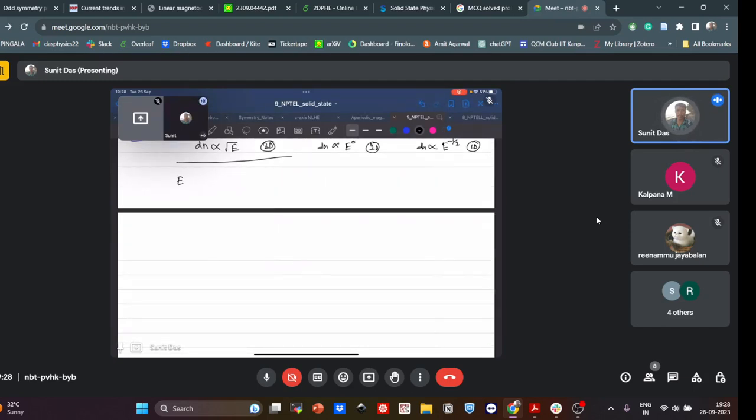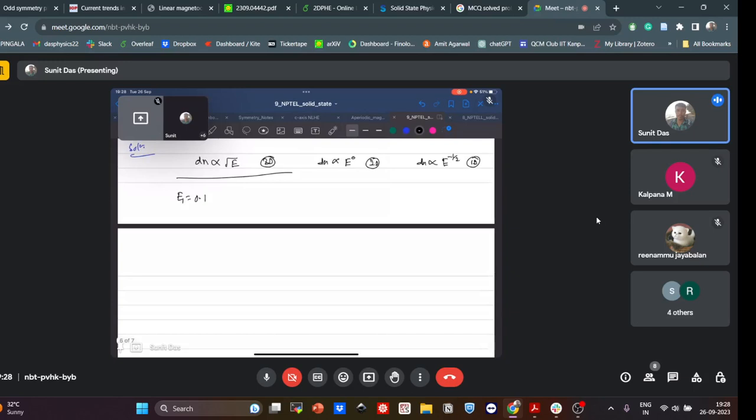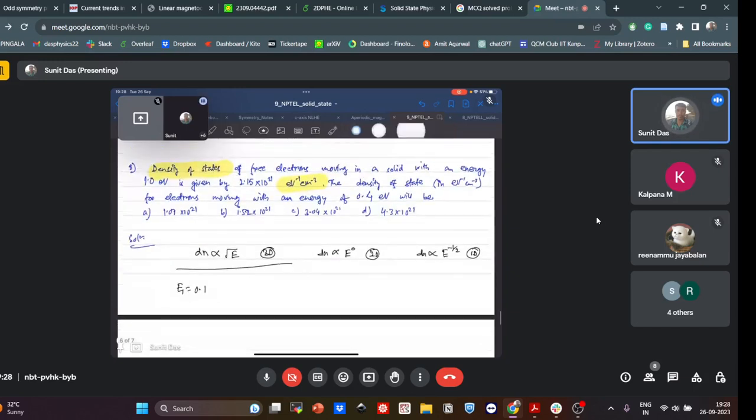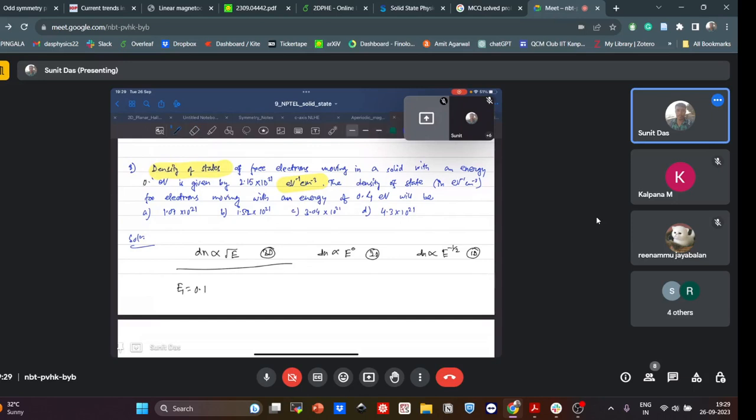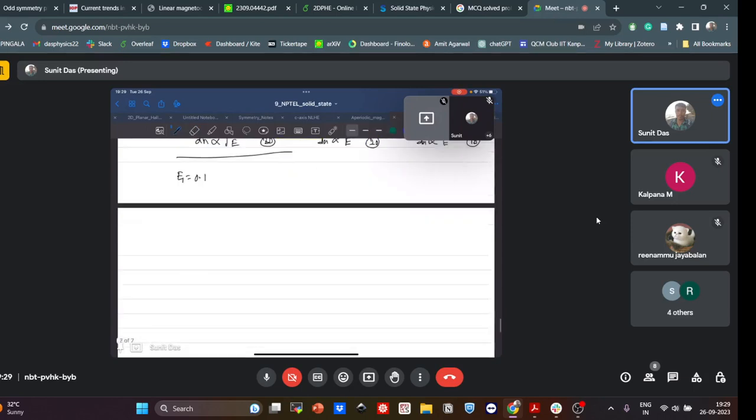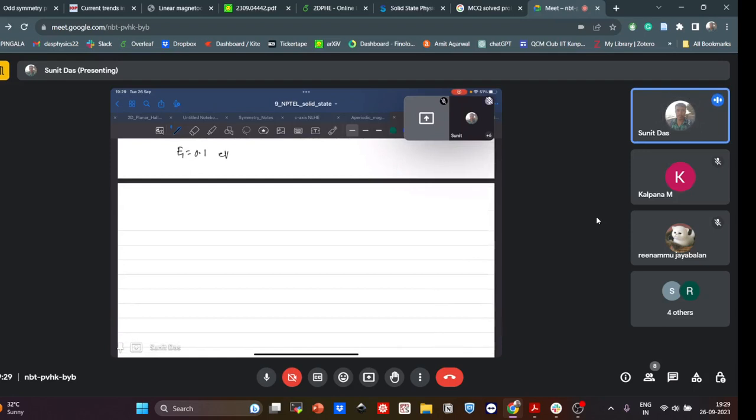and given that E1 equal to 0.1 eV, right? Okay, so this should be 0.1, sorry. So 0.1 eV, then dn1, or the density of states, is given as 2.15 into 10 to the power 21 eV inverse cm to the power minus 3.